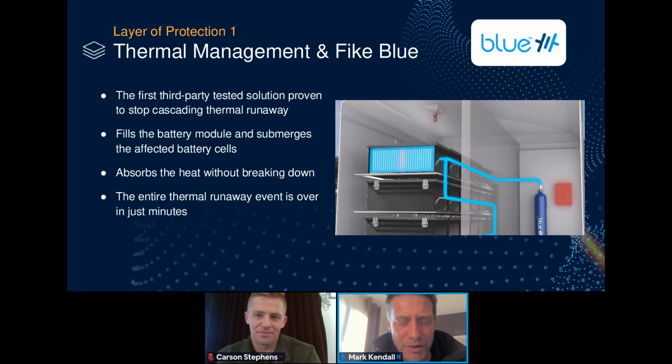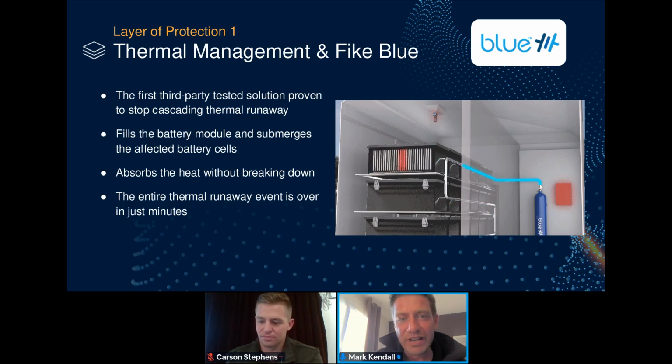Now, if you were present for the first webinar last week, where we talked about battery failure modes and how they go into thermal runaway, one of the things that we see initially is that this isn't really a fire problem, it's a thermal management problem. The problem starting in one cell very quickly cascades throughout the battery module and sets the next cell off, the next cell off, and the next cell off.